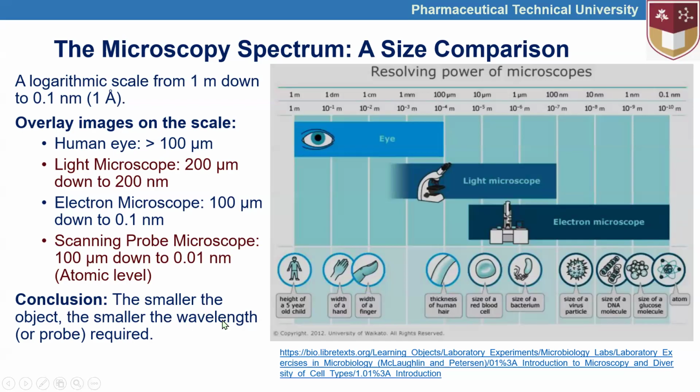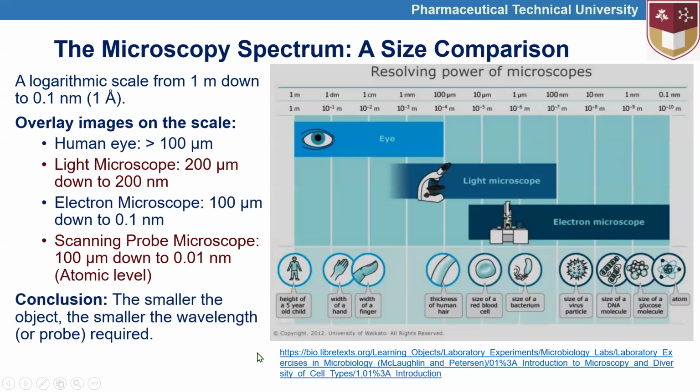The conclusion is the smaller the object, the smaller the wavelength required. Since light has a higher wavelength, its ability is limited to here. And since the electron wavelength reaches until here, we can use electrons to see the atoms. This is about the physical properties.